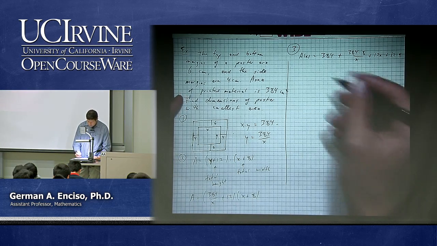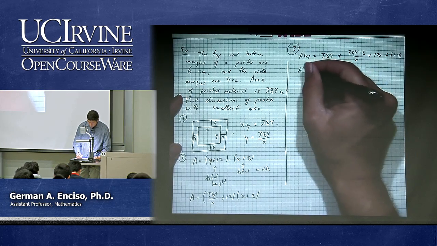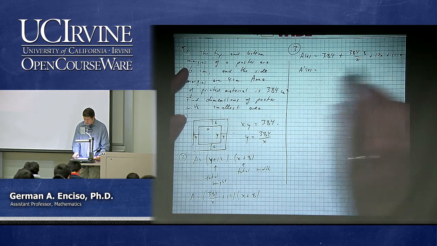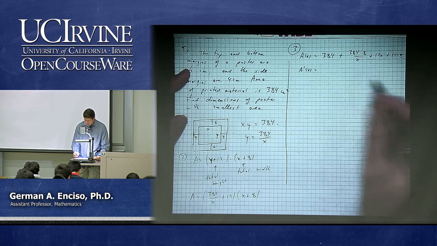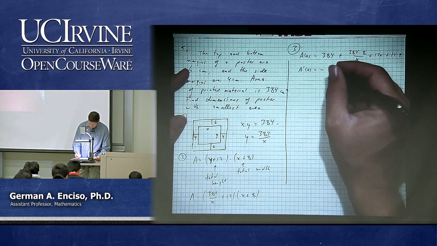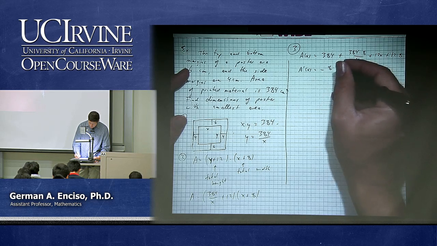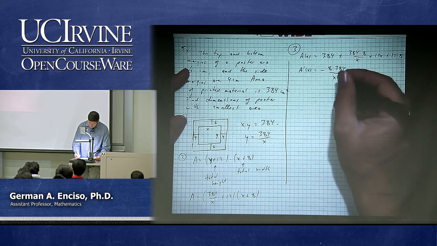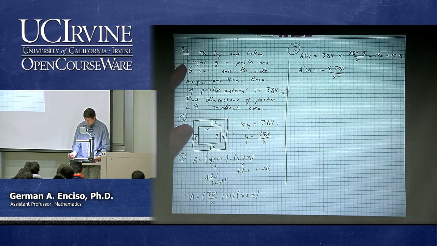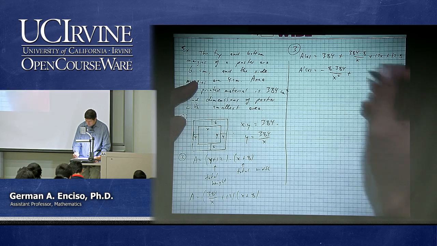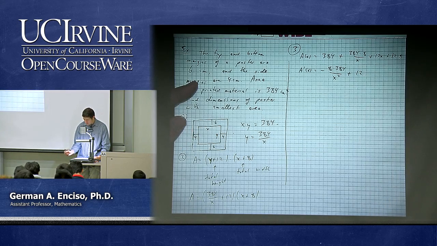Now A prime of X is equal to, and we have to derive it on all sides, and I get minus 8 times 384 over x squared plus 12 times 12. That's it.